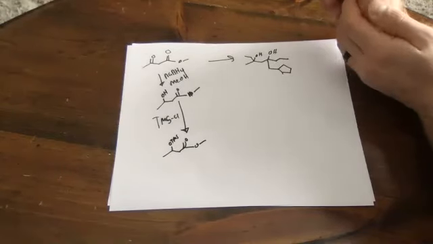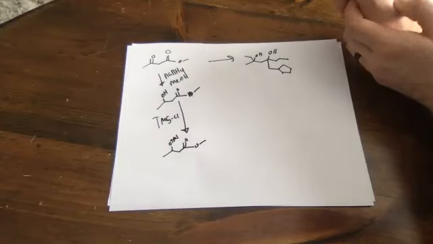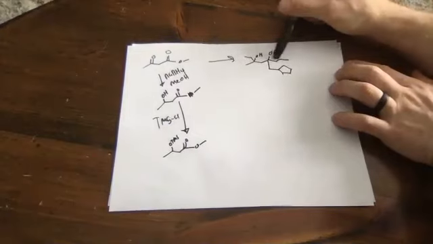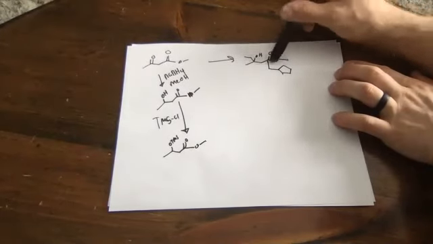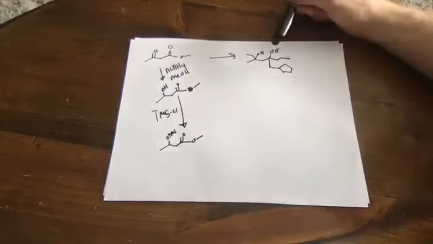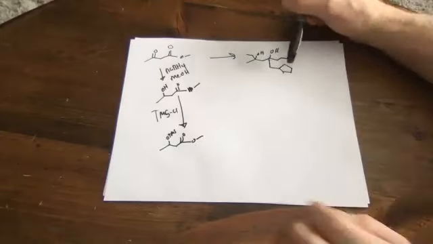From here, this is where this gets a little bit tricky. If I just throw in my Grignard, I'm going to have an issue where I'm going to add either two of these propyls or two of these cyclopentane groups here.